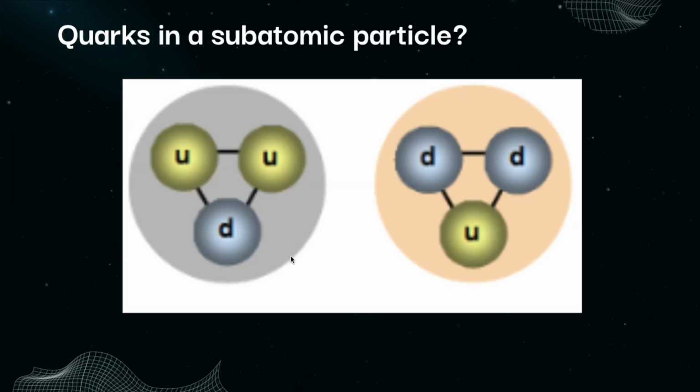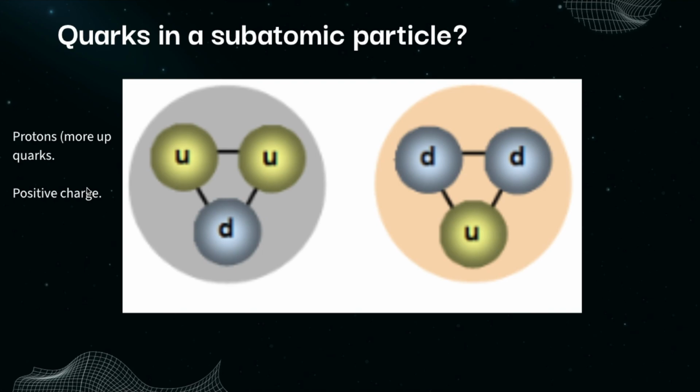So how many quarks are in a subatomic particle, and how can we break it down? This one on the left is a proton, and it is made of 2 up quarks and 1 down quark, and it has a positive charge.